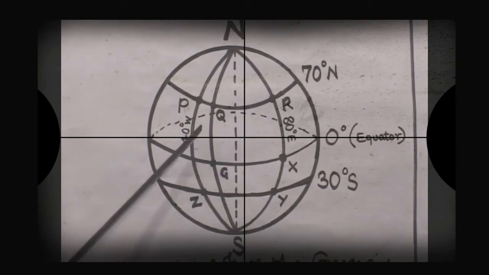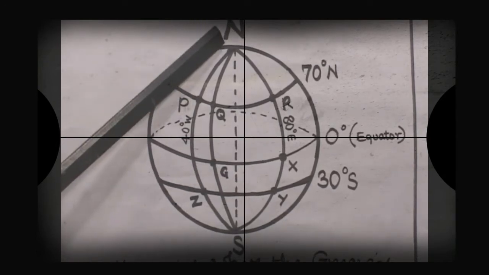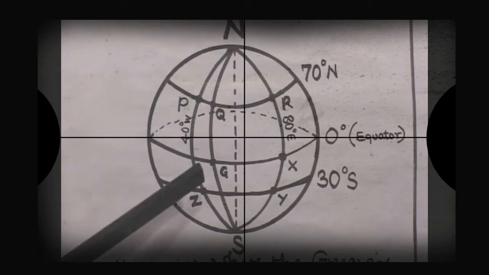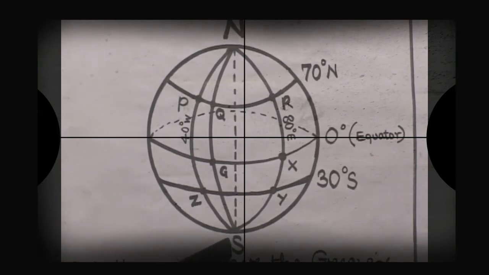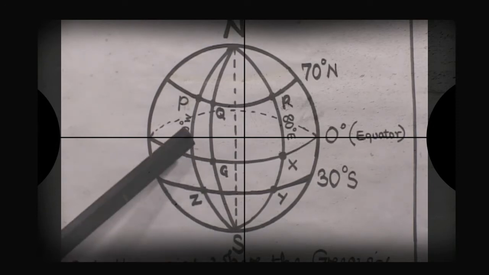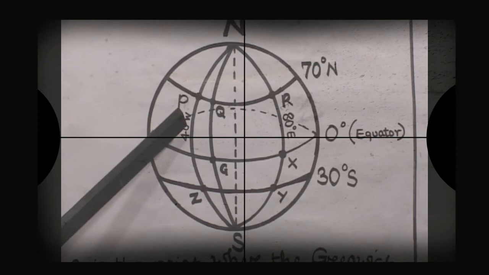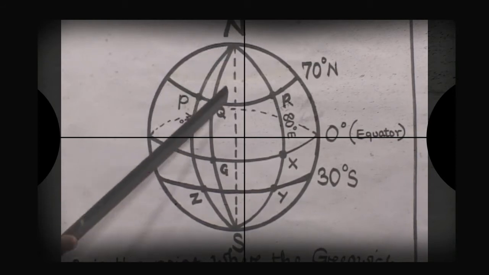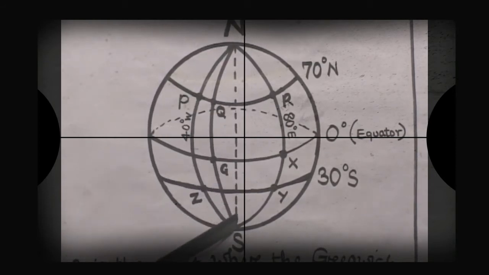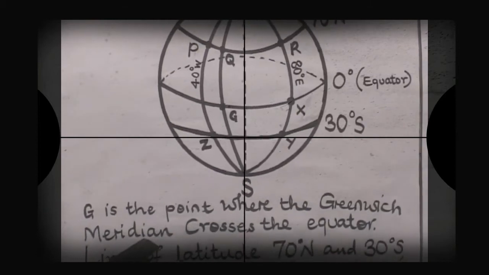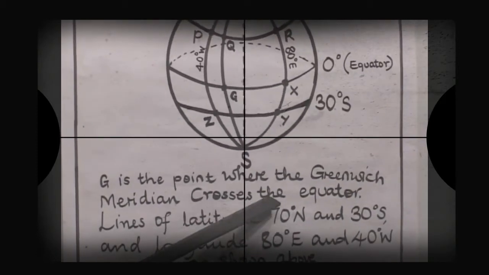And we also have the longitude NPZS, which is the longitude 40 degrees west of the prime meridian, which is NQGZ, our Greenwich meridian or the prime meridian. G is the point where the Greenwich meridian crosses the equator.